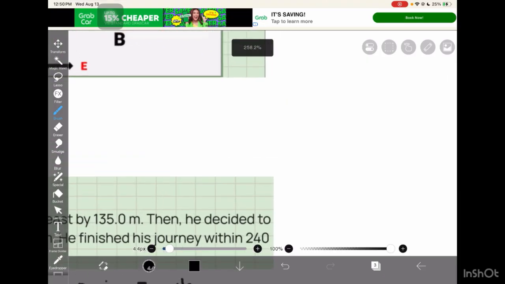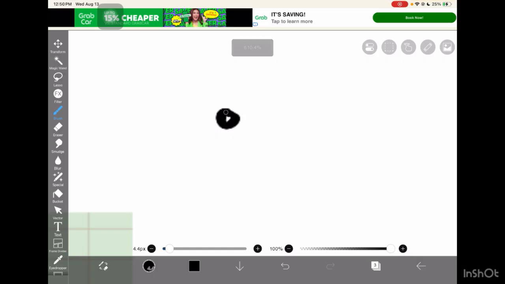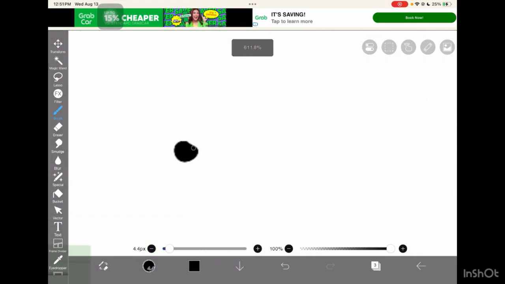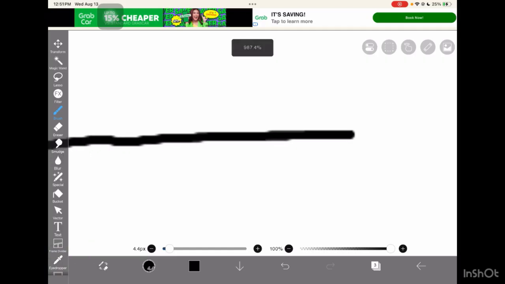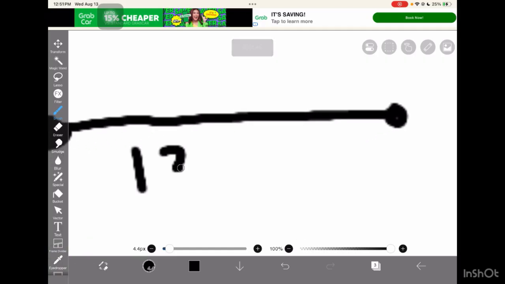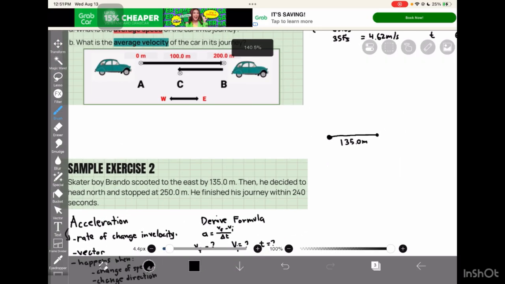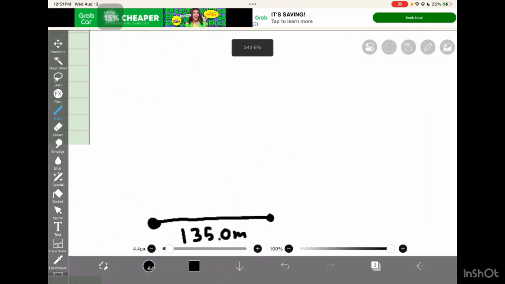Skater boy Brando started here, let's just say that, and then he moved 135 meters east. Something like this. Let's label this. And then he went 250 meters north.